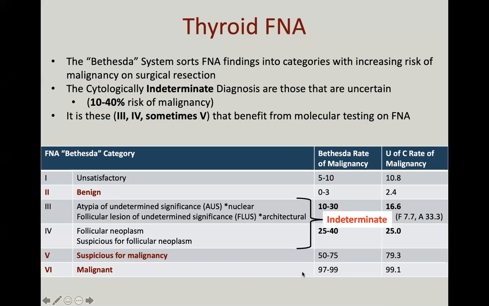Those groups are the Bethesda system ranging from 1 to 6. 1 being unsatisfactory, basically need rebiopsy. 2 is frankly benign. 3 and 4 are the indeterminate categories.